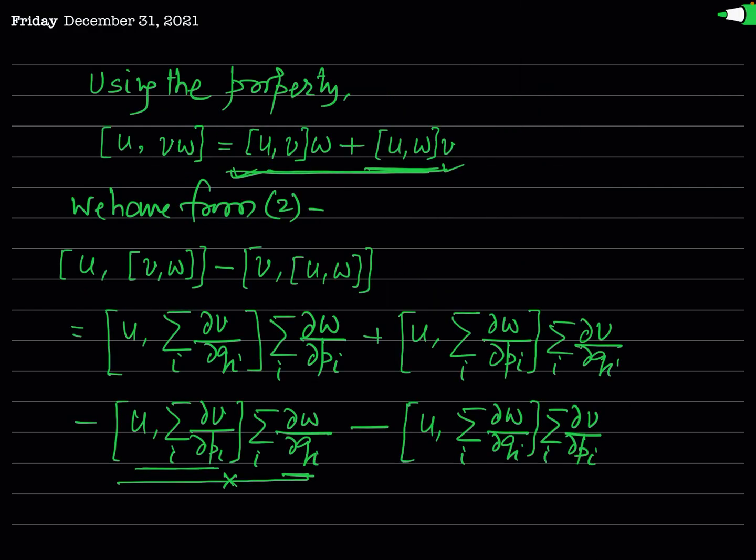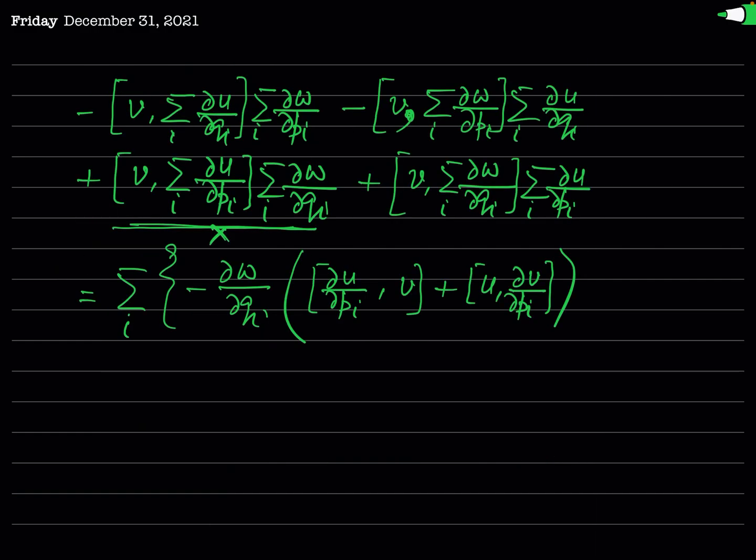Now let us take this summation over i del w by del pi as a common factor. This term which I am underlining here contains this del w by del pi, and this third term also contains del w by del pi. So taking this del w by del pi as a common factor, what will be our result?